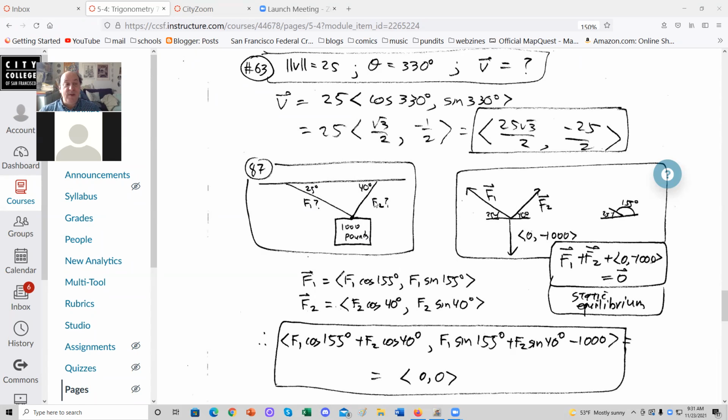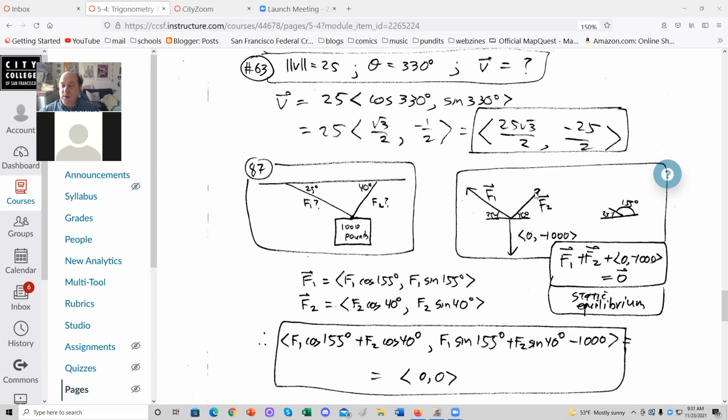Well, for this, we have to use a principle called equilibrium. Because it's at equilibrium and not accelerating in any direction, the forces must all add up to 0. Now this 1,000-pound weight gives you a 1,000-pound force downwards, and its vector is denoted as 0 by negative 1,000.